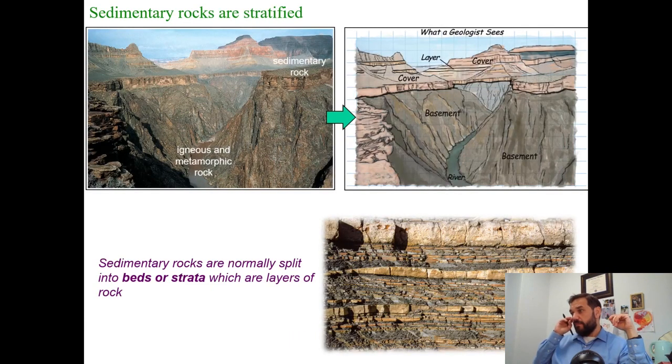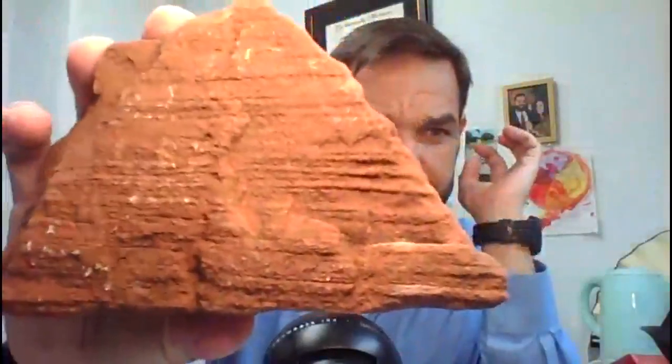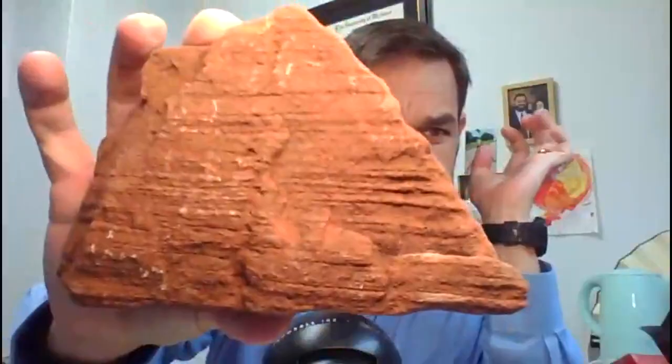Okay. And another thing I wanted to point out here is that sedimentary rocks are often, if not always, stratified. So I can even get a little rock to show you. I just got to pop myself up here a little bit bigger so you can see this. But I just want to point out this is sandstone. And if you look up close, I think you can see pretty clearly the different layers in there, right?